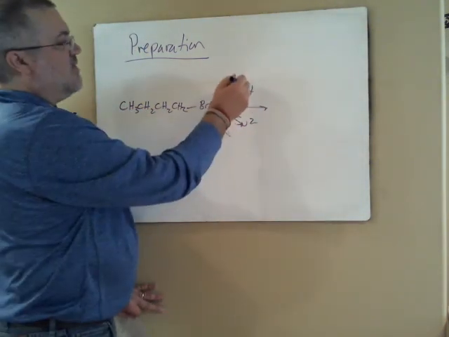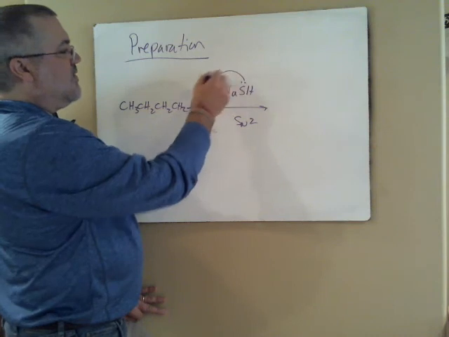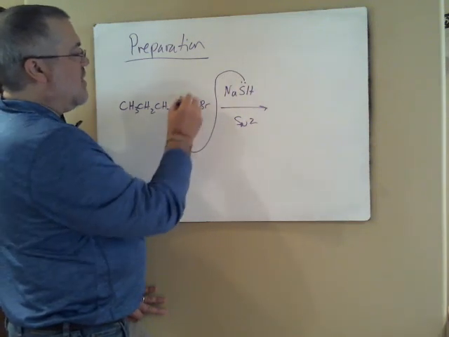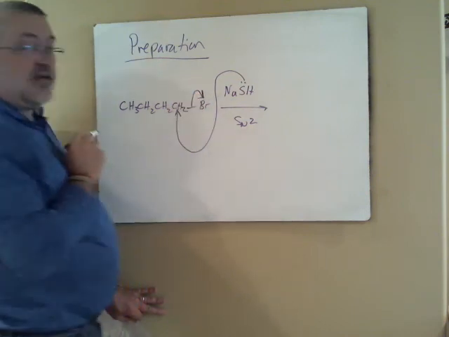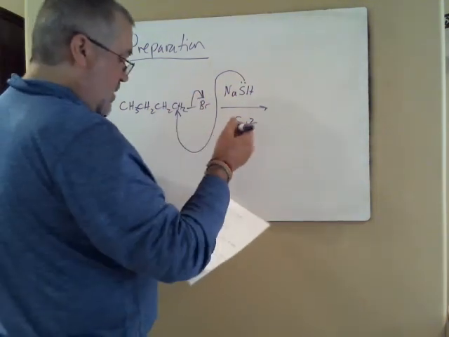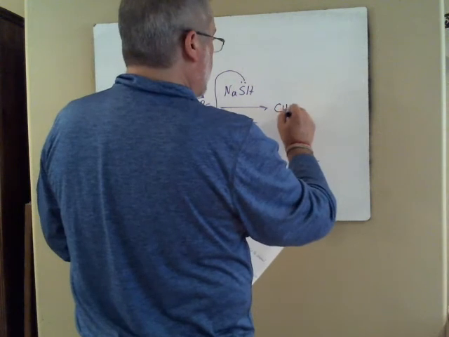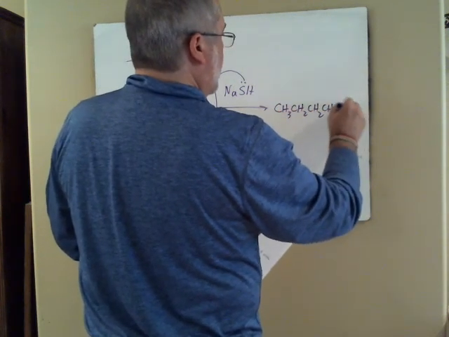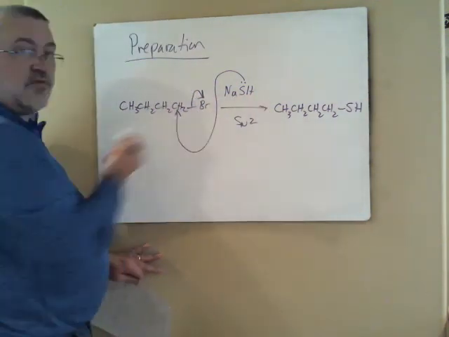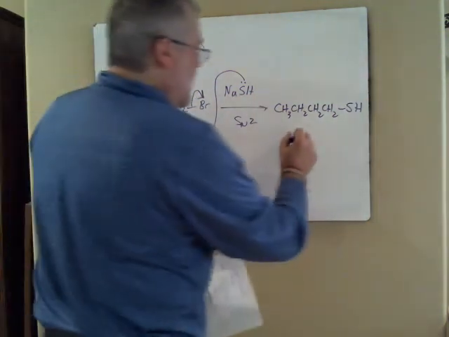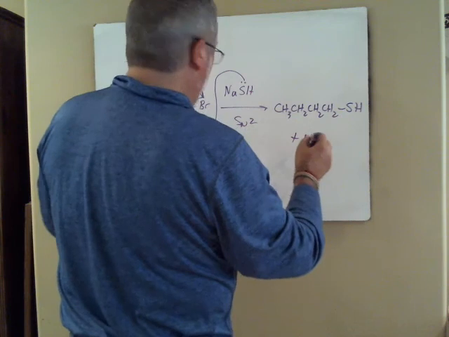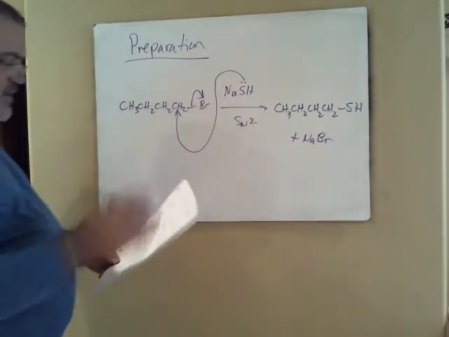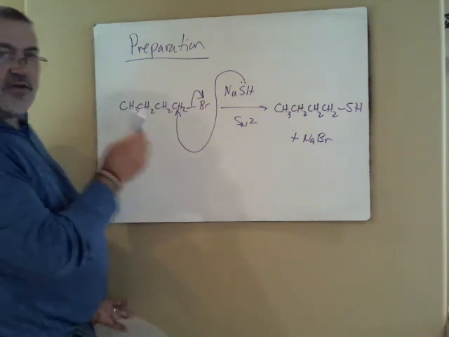Then I'm going to have this thiol nucleophile, which could come in and react with the electrophilic carbon of my alkyl halide and push these electrons out to the bromine. When I do that, I would form the substitution product where my thiol will have substituted for the bromine, and I would get sodium bromide as my byproduct. Well, you would think that that reaction would work really well, but there's a problem.